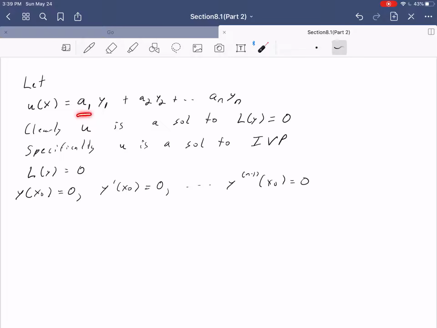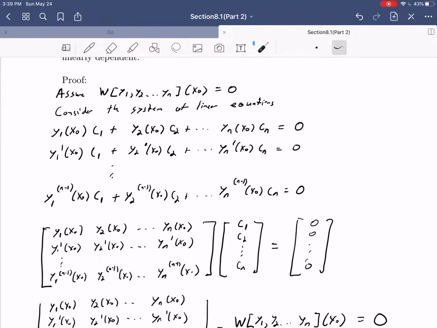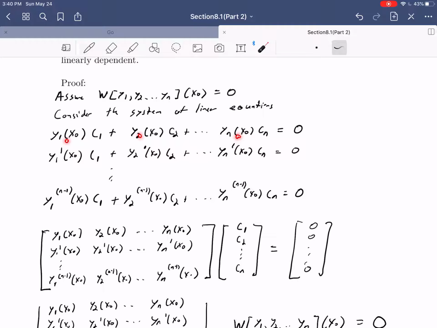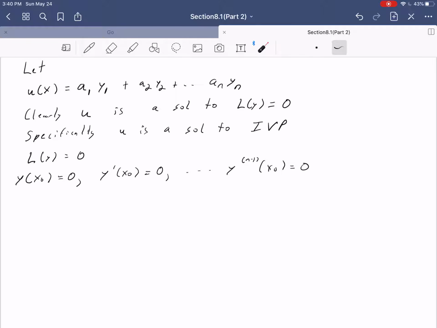Well, because that's where I got those a1, a2 through an. Those values were chosen so that this system of equations back here all equal 0, meaning that when you evaluate the functions and add them all up, you get 0. When you evaluate the derivatives and add them all up, you get 0, all the way down to the n minus first derivative. So that tells us that u is a solution not only to the differential equation, but to this specific IVP where the function, its derivative, all the way down to its n minus first derivative are all equal to 0.